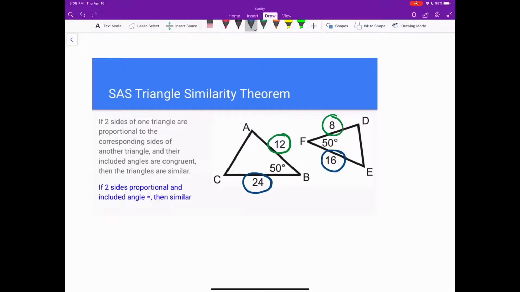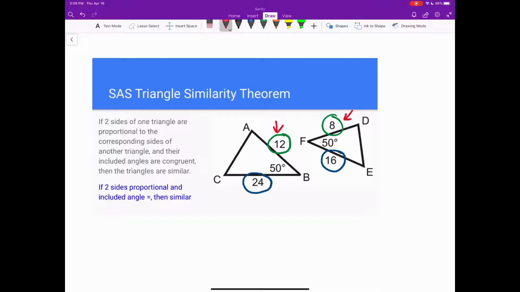How do I know exactly that those sides are corresponding to each other? Well, if I look at it, here's this 12 and this 24. The 12 is the smaller side in the triangle. And in this triangle, the 8 and the 16, the 8 is the smaller side. So I'm probably going to guess that 12 and 8 are going to be my corresponding sides in these triangles.